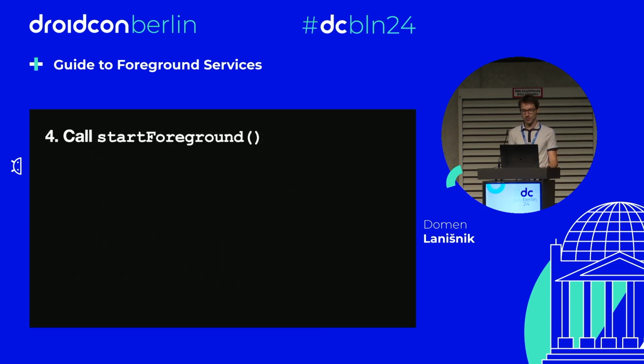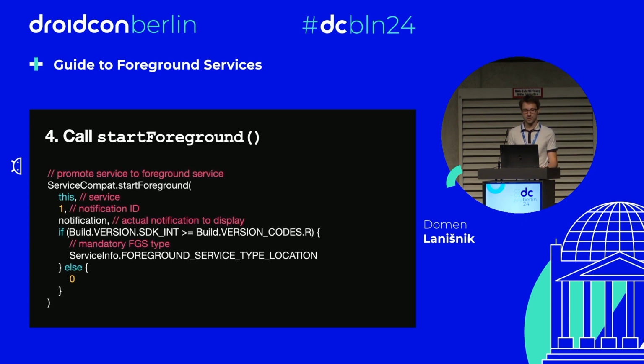We can now create, or kind of elevate, our background service into a foreground one by calling start foreground. So the start foreground function accepts an object of service, a notification ID, a notification object, and then a flag.